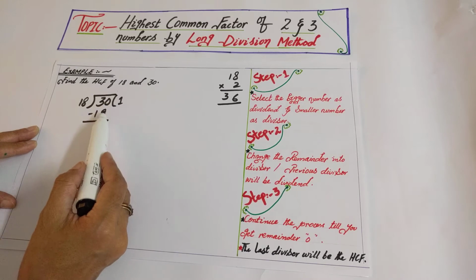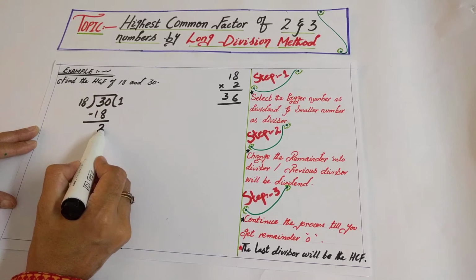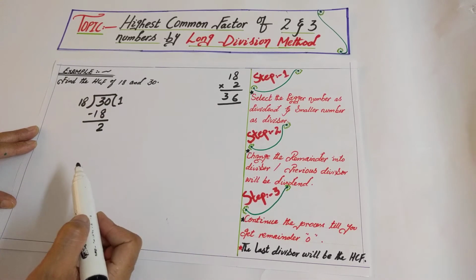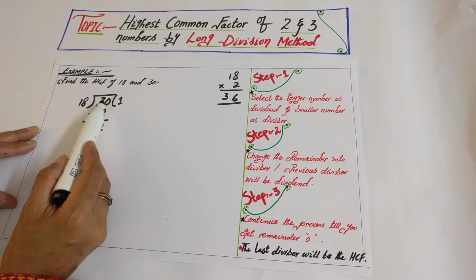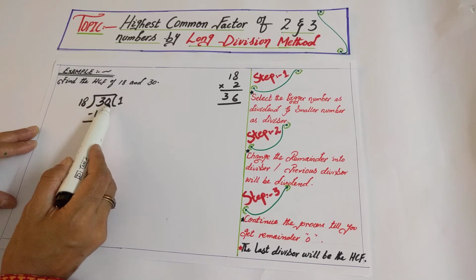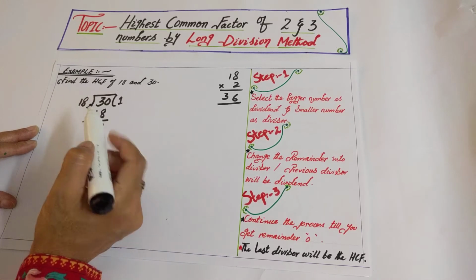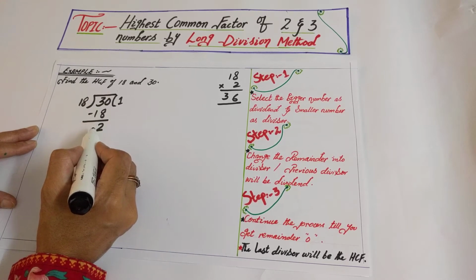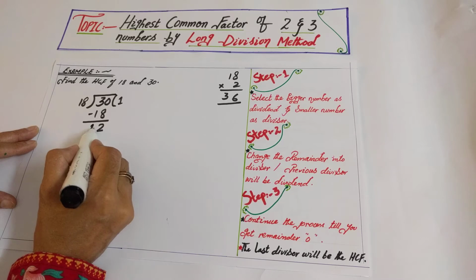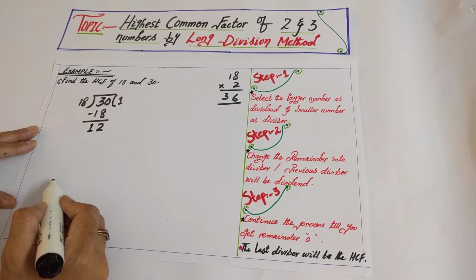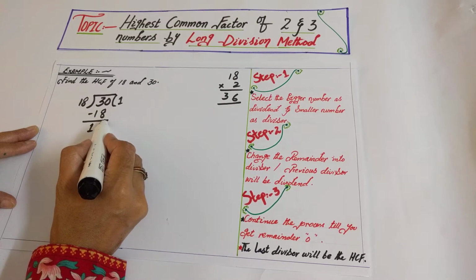That will be 10. 10 minus 8 is equal to 2. So what will be left? 2. 2 minus 1 is equal to 1. So 30 minus 18 is equal to 12. Clear?